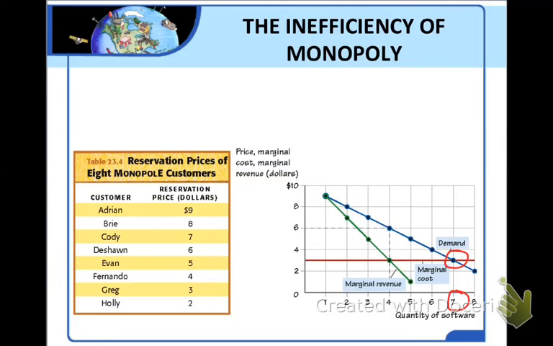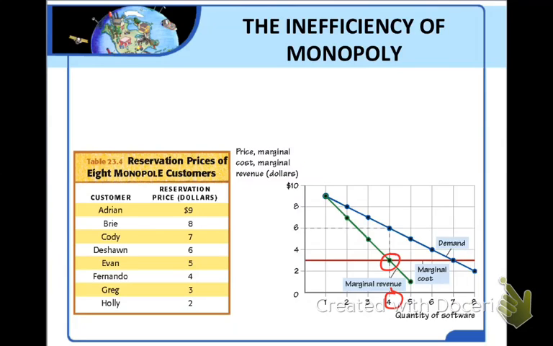But because a monopoly restricts the quantity of output to 4 units, right here, where marginal revenue equals marginal cost, the monopolist's quantity of output is inefficiently small. Consumers would be willing to purchase additional units of output for a price that exceeds the cost of producing those units.